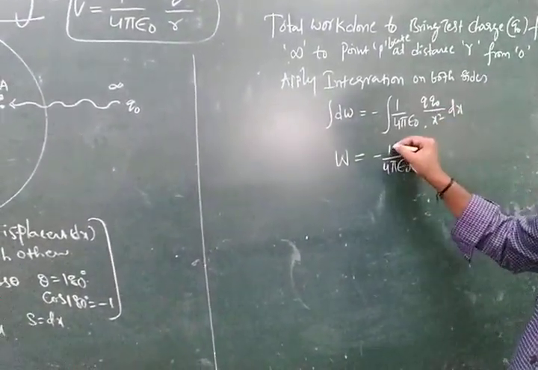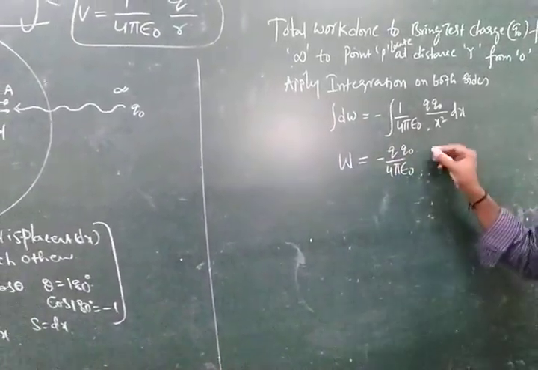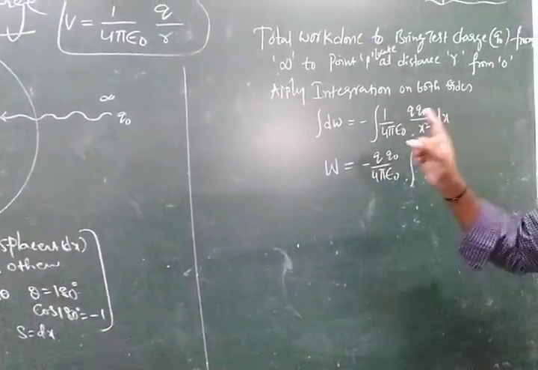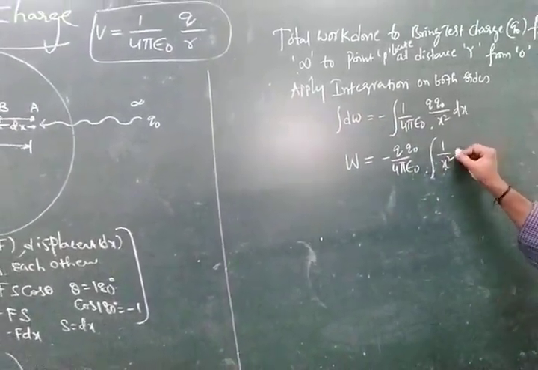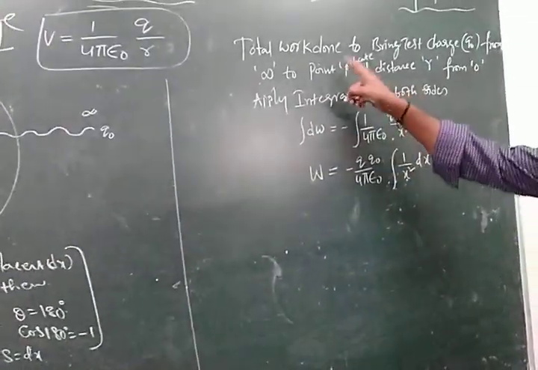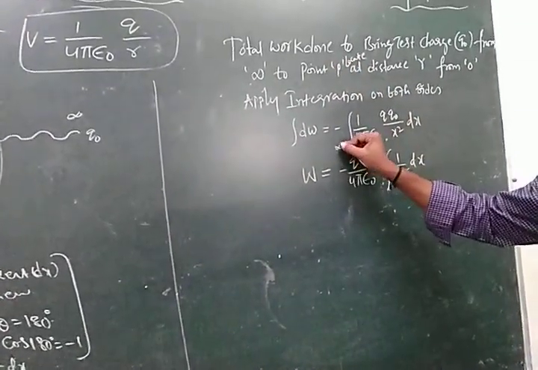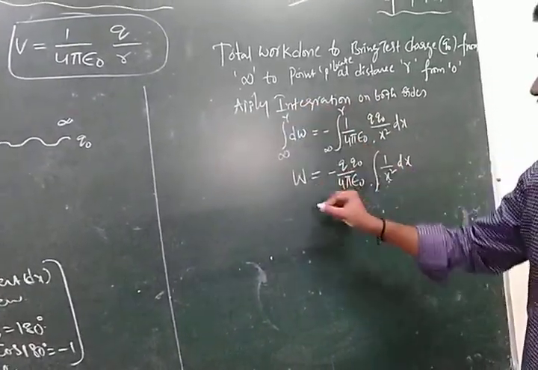Q and Q naught are the charges. These are also constant values, taken outside. Where x is the only variable, that is the distance moved by the charge, kept inside the integration. Integration limits: we are bringing a test charge from infinity to which point? R. Infinity to R.